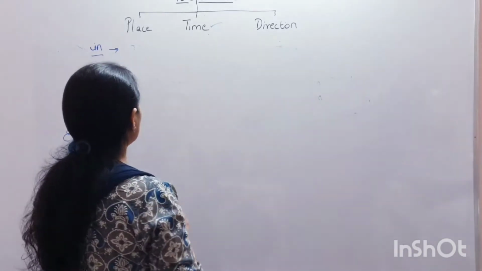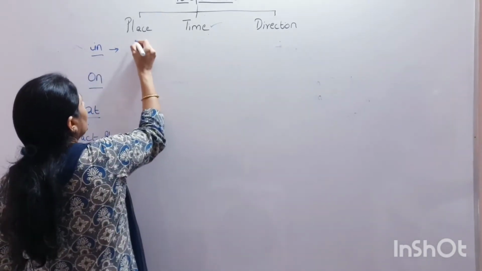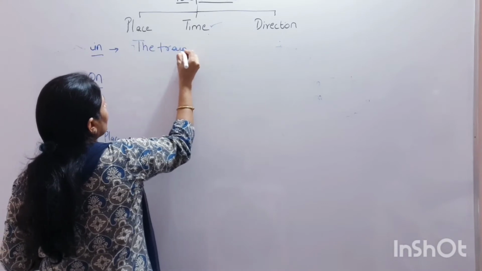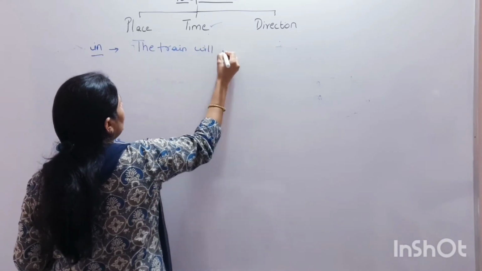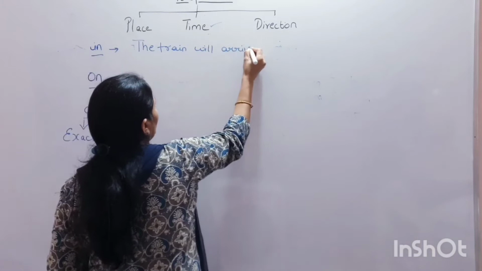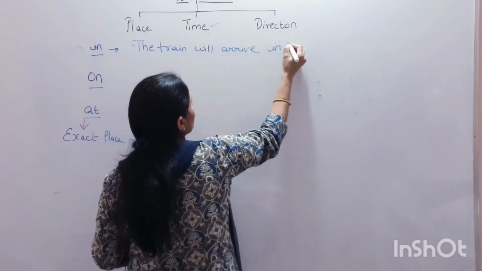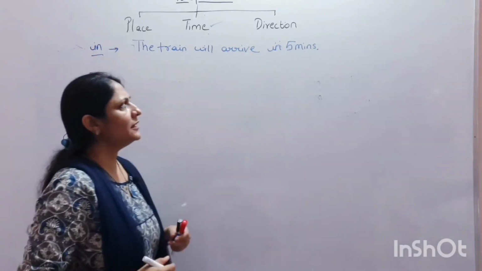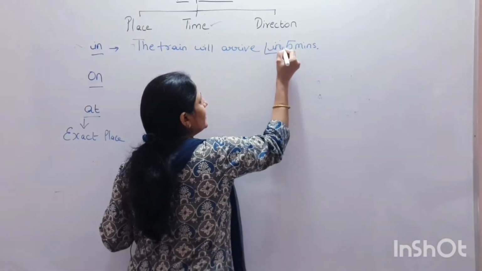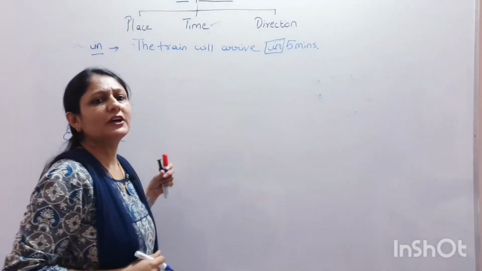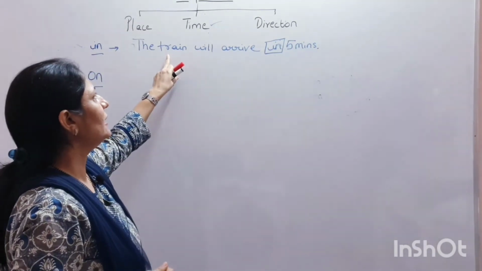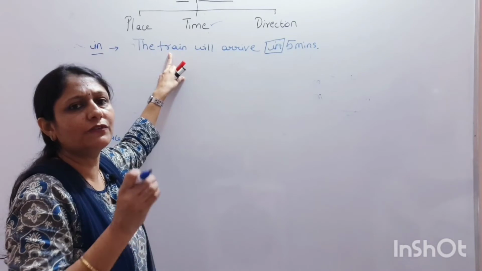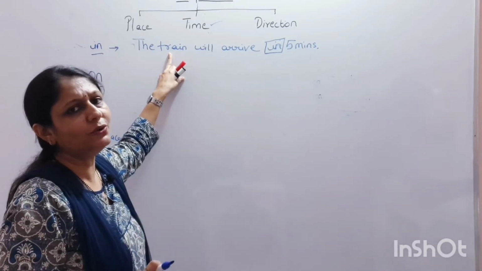So I can say the train will arrive in 5 minutes. Now this in here is the preposition of time because it is telling around what duration of time the train is going to arrive.